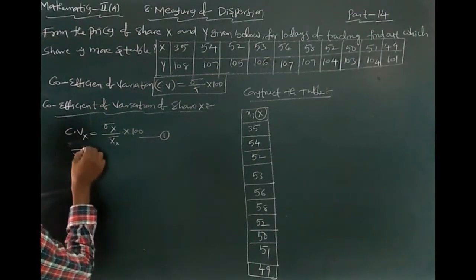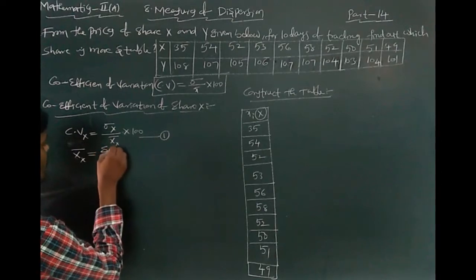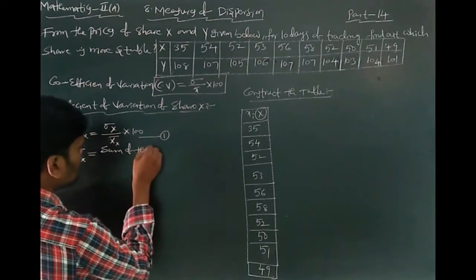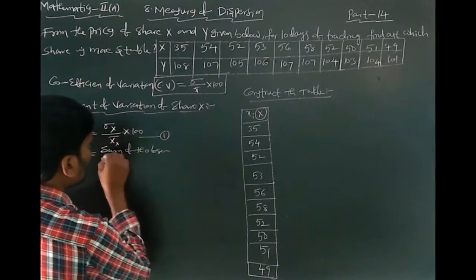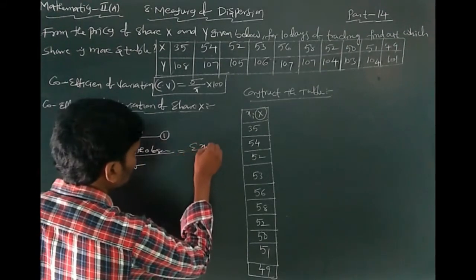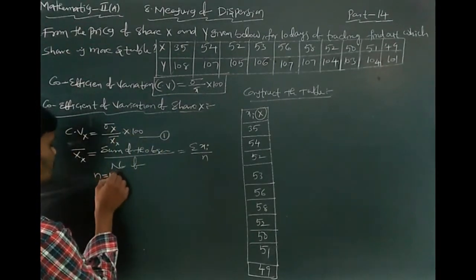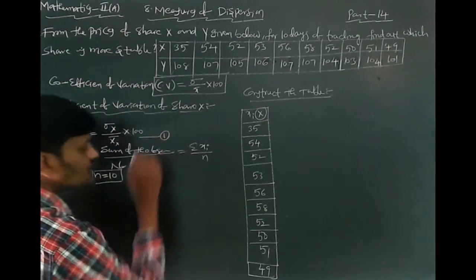X bar equals sum of the observations by number of observations. Here the number of observations, n, is 10. What is the summation of X?